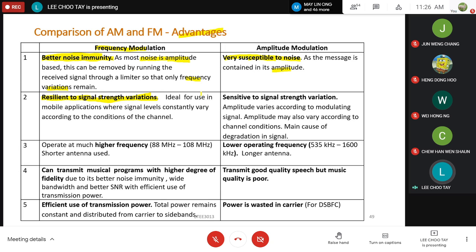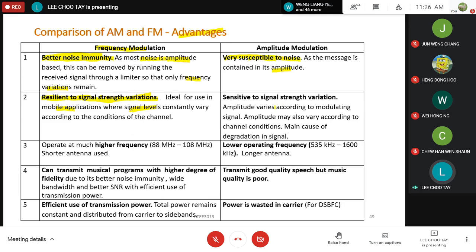This is ideal for use in mobile applications where our signal level varies according to the condition of the channel. When the signal level drops, we can always boost it back, because as far as FM is concerned, our amplitude is constant, so our signal level should be constant all the time as well.